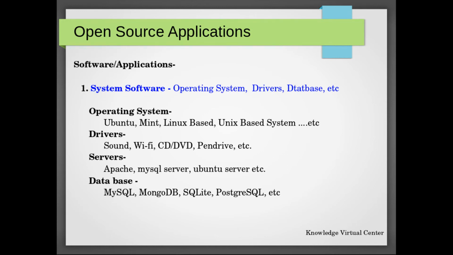As we know, it includes the operating system, driver, and database. For example, operating systems like Ubuntu, Mint, Linux based and Unix based operating systems. These are operating system categories and examples of open source applications which come under the GNU.